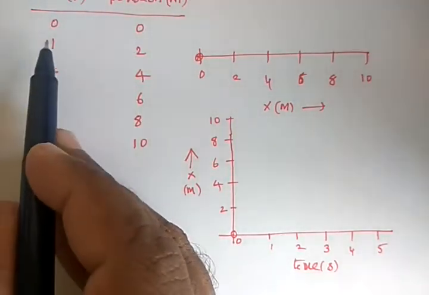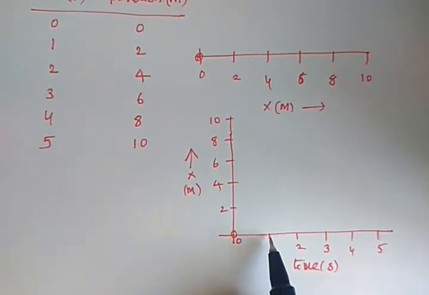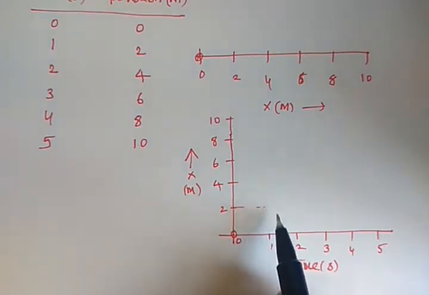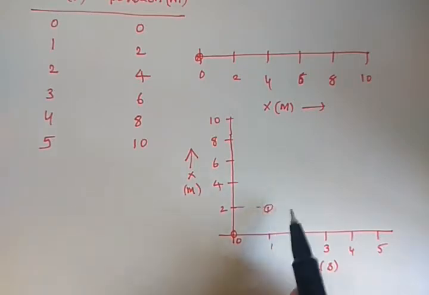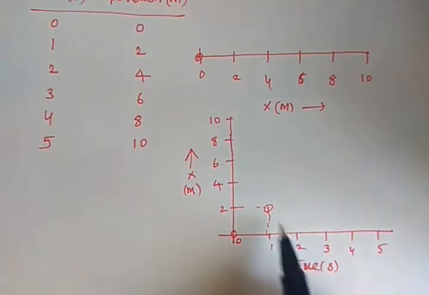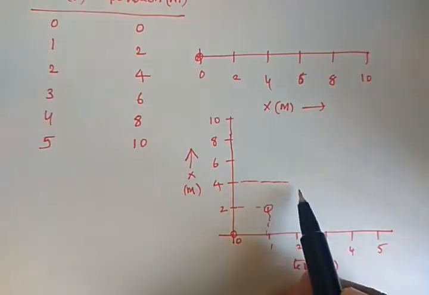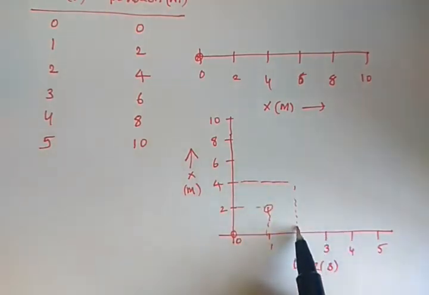When time t equals 1, then location is 2. So time t is 1, location is 2, and the combined point is this. When time t is 2, location is 4, so here we get a point.